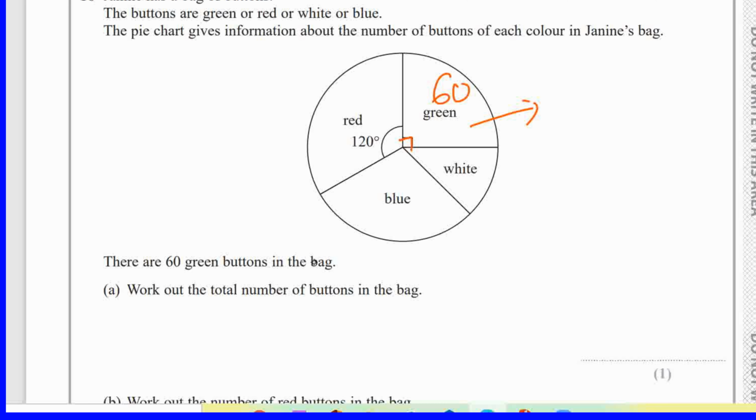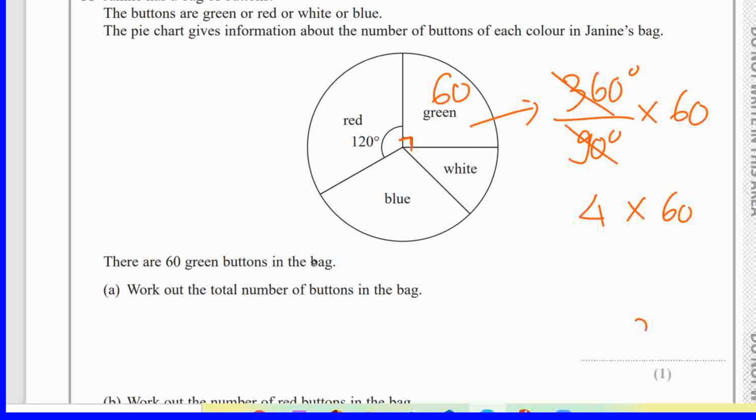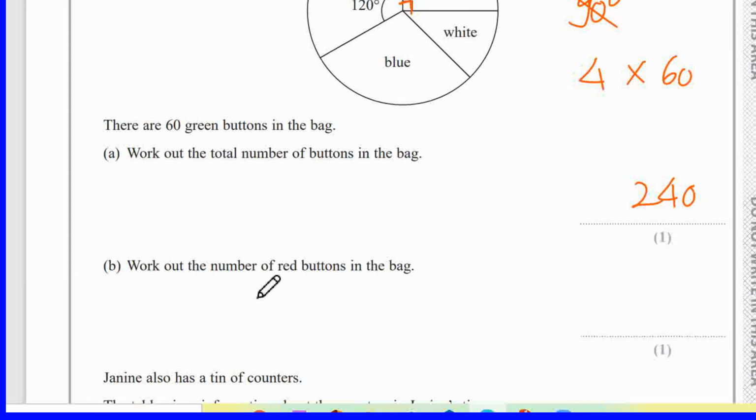So the total number is 360 degrees over 90 degrees, times 60, so we get 4 times 60, so we have 240 buttons. What is the number of red buttons in the bag?